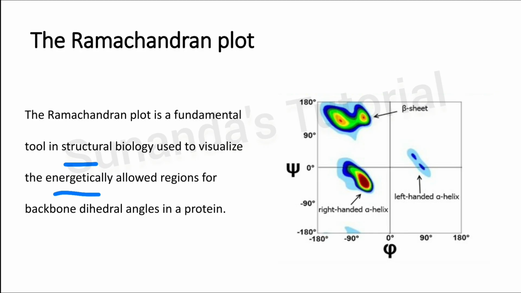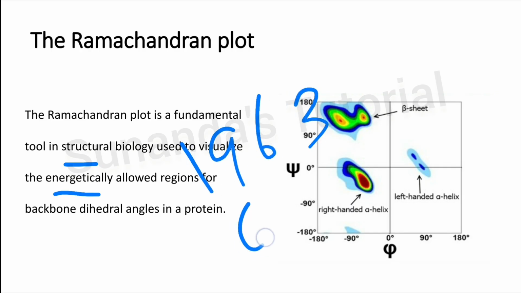It is a graph that shows the allowed and not allowed angles for the backbone of a protein during protein structure formation. It shows whether it is an allowed region or not. This plot was first created in 1963 by G. N. Ramachandran.